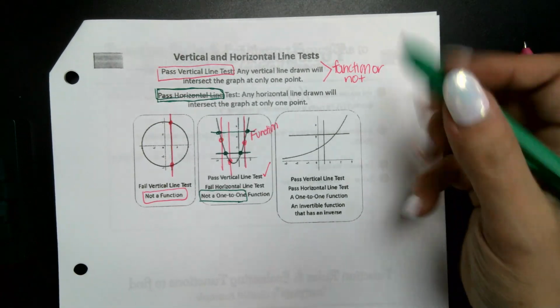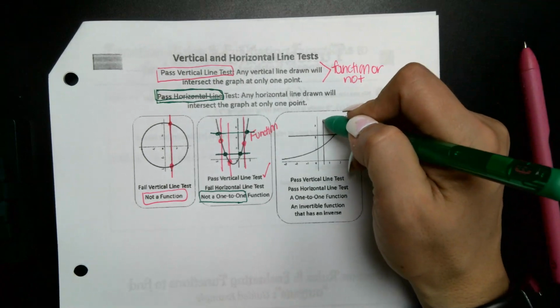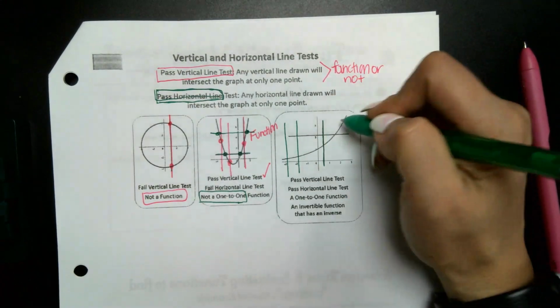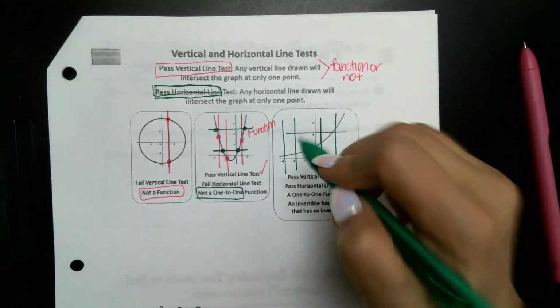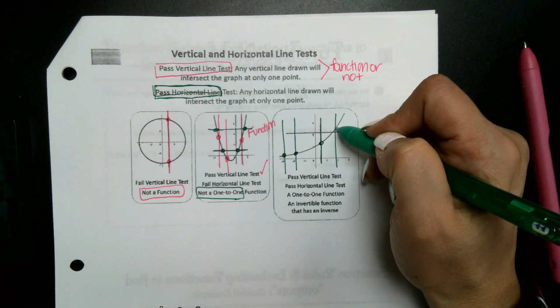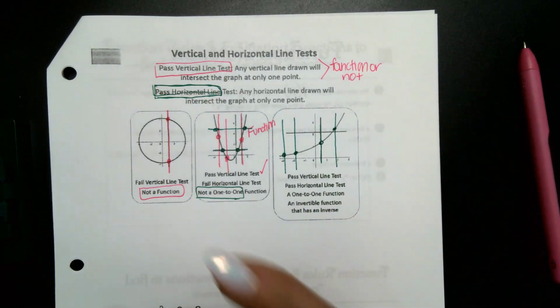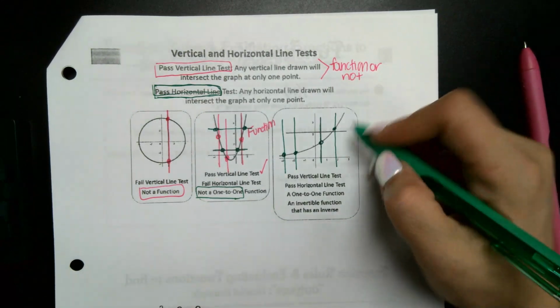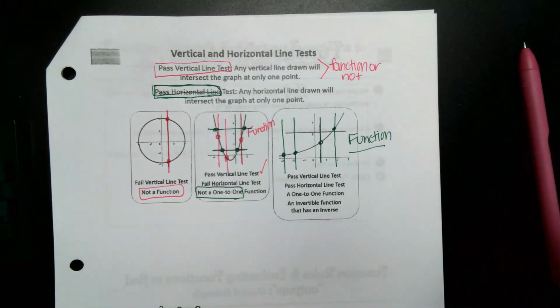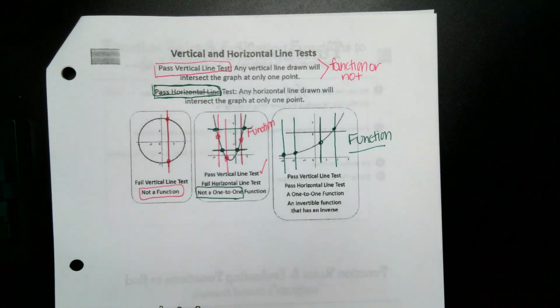And then for the last one, you don't have to even use this vertical line, you can just draw random vertical lines. Will any of those vertical lines pass more than one point at a time? Okay, so that one is a function. Because it is a function, we want to start looking horizontally.